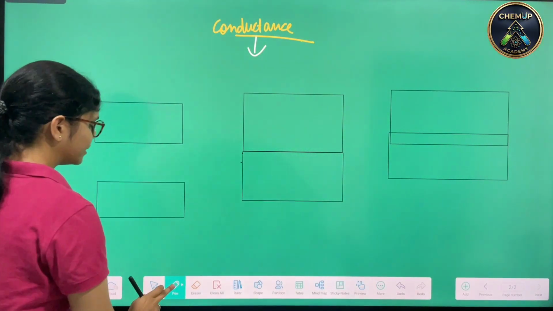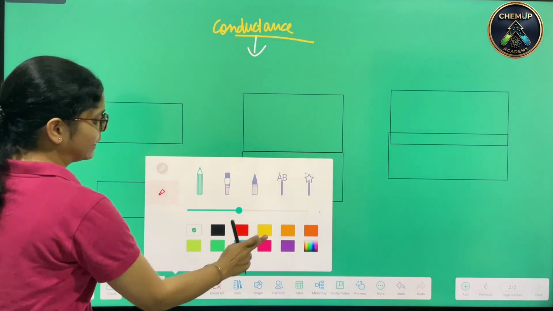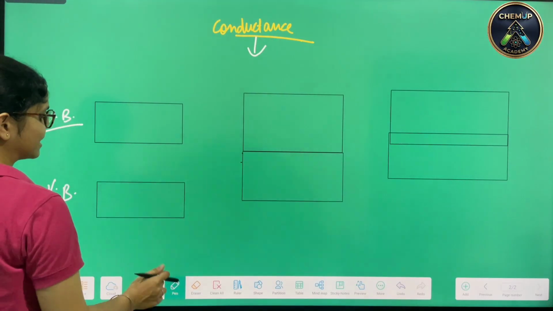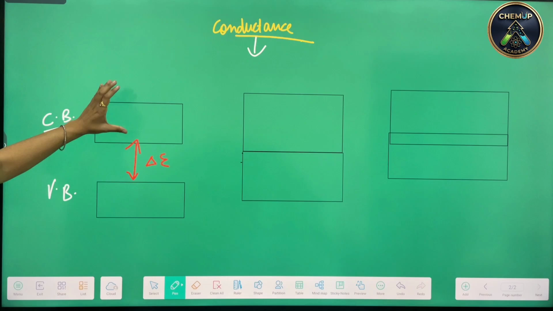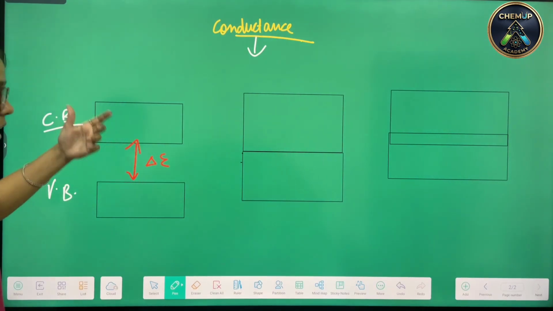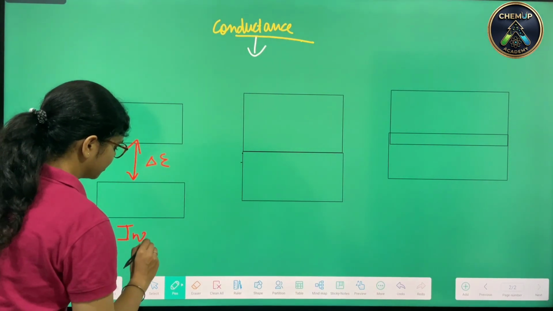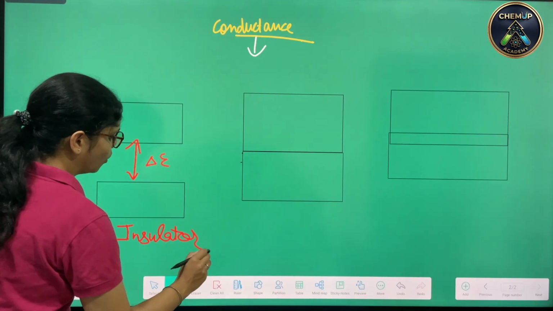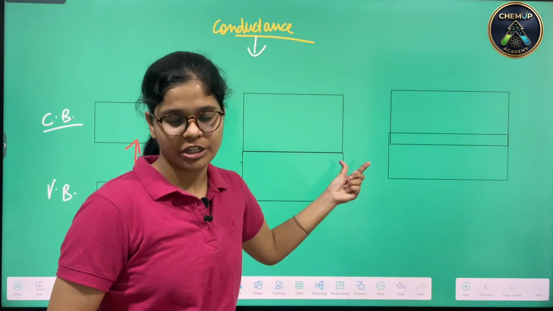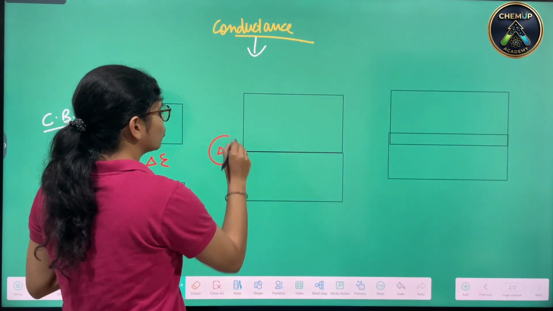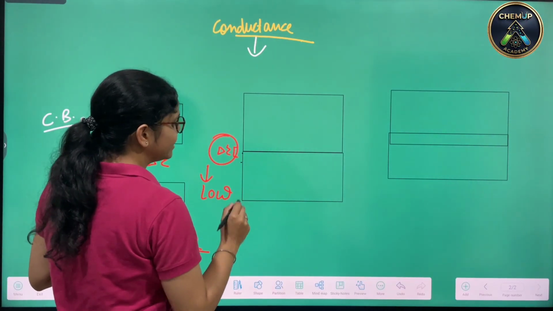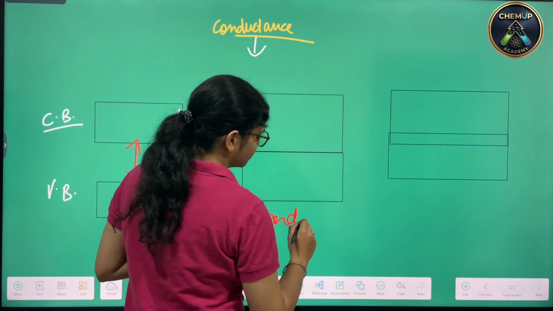Now, when we talk in terms of conductivity, this is basically the energy gap. When the energy gap is too large, it is known as an insulator. When there is no energy gap or a very low energy gap, it is known as a conductor.